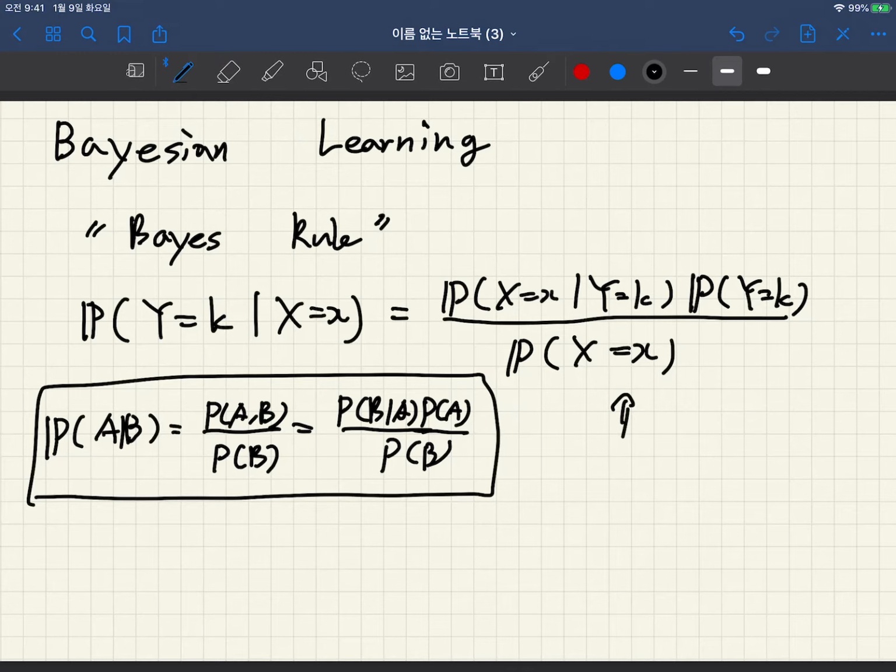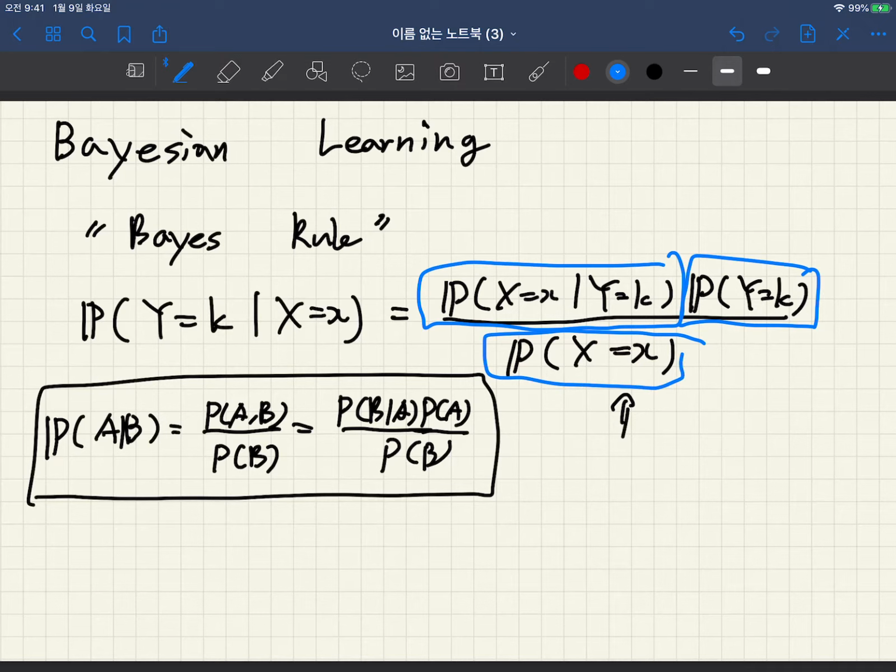So we basically have three components. This one, this one, and this one. Each component has its own property. First, the probability x equal to x, the denominator, is independent of the model.